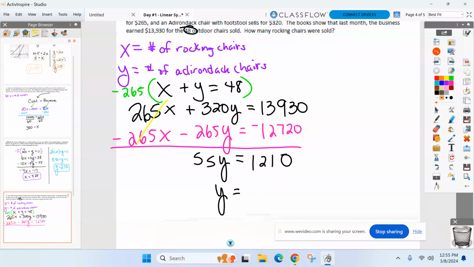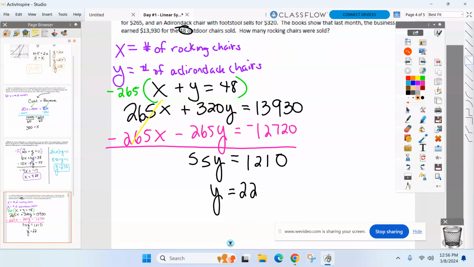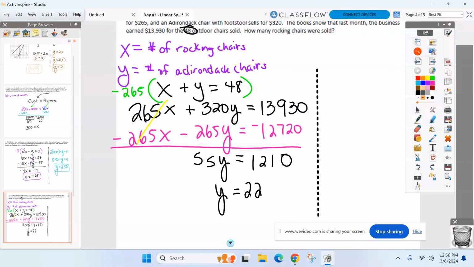How many Adirondack chairs did I sell? 22. Which is great, but it asked me how many rocking chairs, so I should have multiplied by 320 and solved for that first. But I'll get there. Take the long route, the scenic route, but we'll get there. So go back and plug it back in.